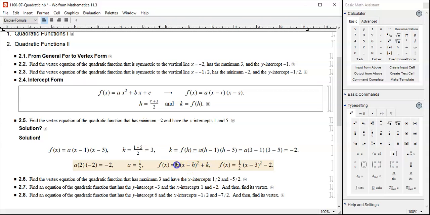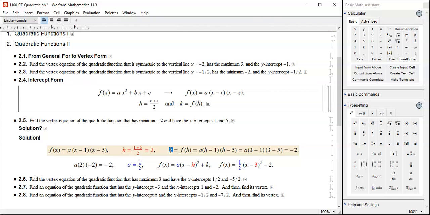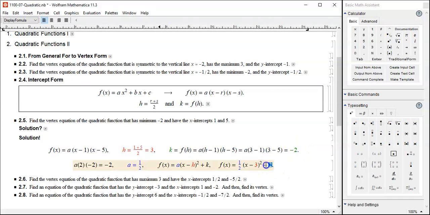So a is 1/2, and h is 3, and k is -2, which came directly from the problem.